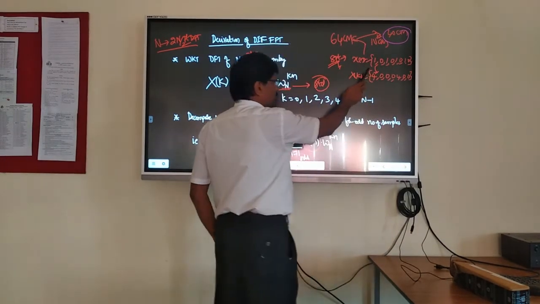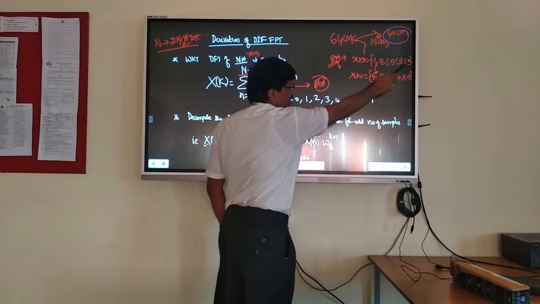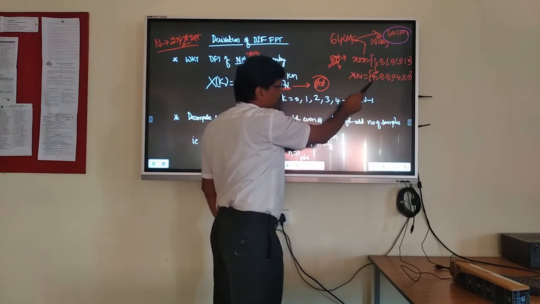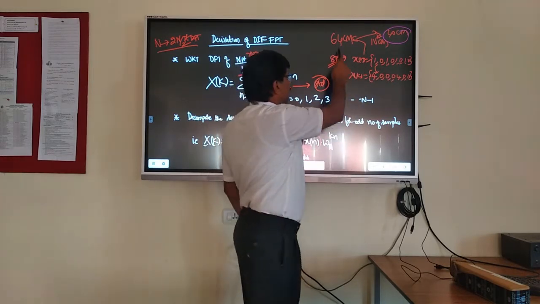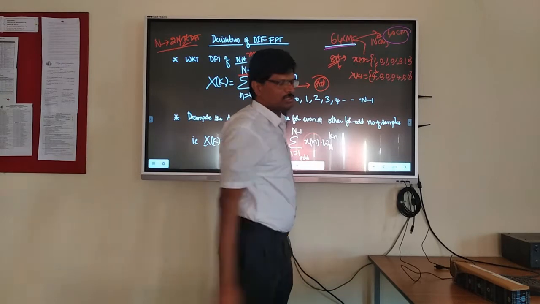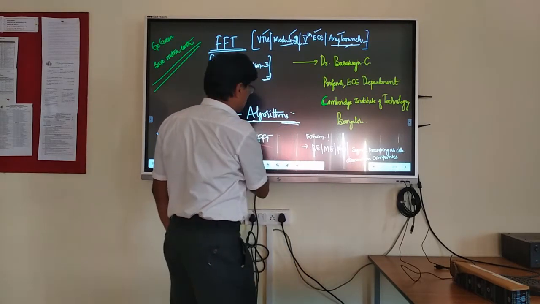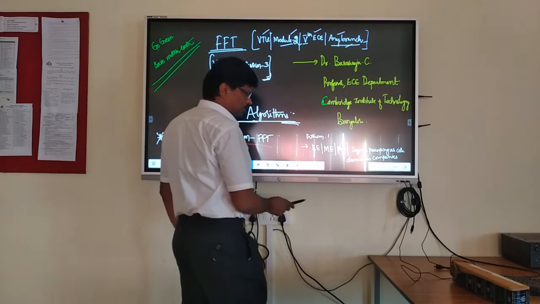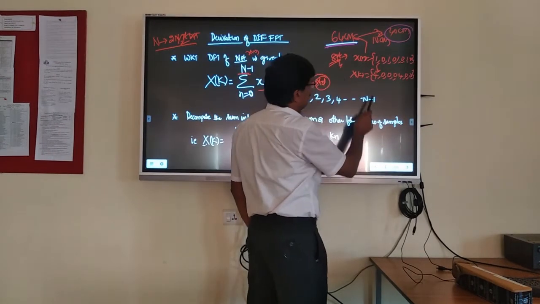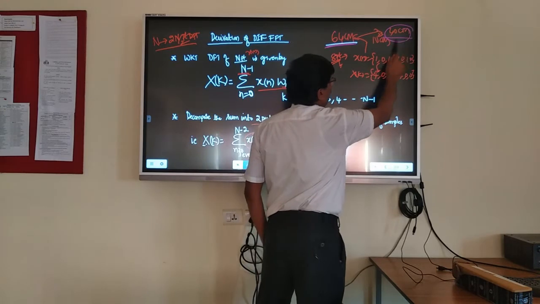For example, if you want to convert an 8-point sequence from time domain to frequency domain, you need 64 complex multiplications. If you use this derivation, or algorithm, the FFT first decimation algorithm, this is reduced to 40 complex multiplications.